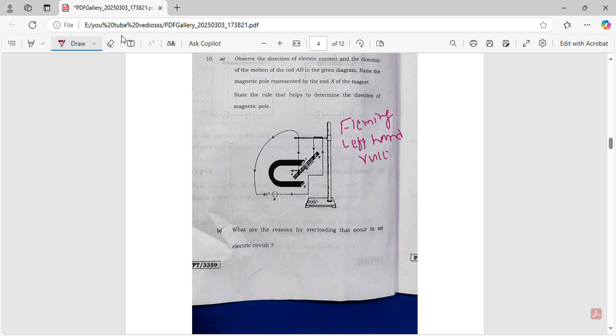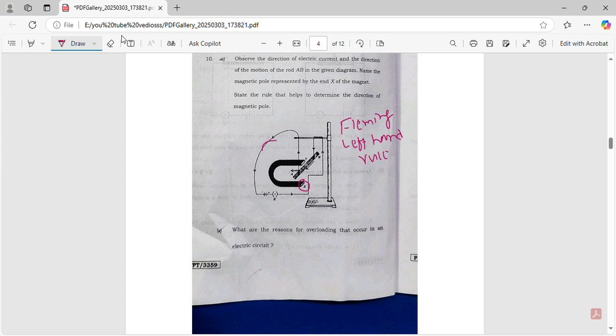So what we have to find is that X of the magnet, this U shape horseshoe magnet, that end. Name the magnetic pole represented by the end X of the magnet. This is which pole that they are asking us.